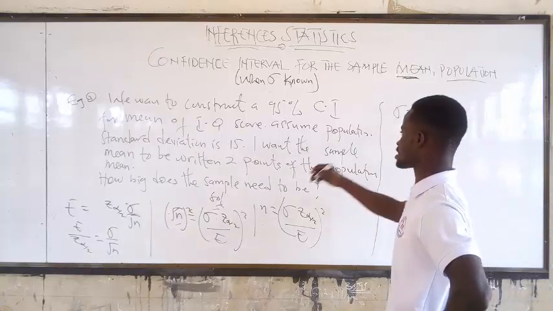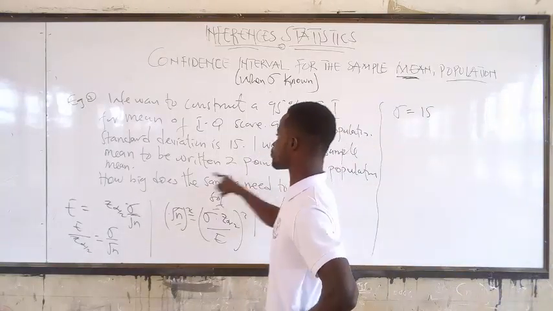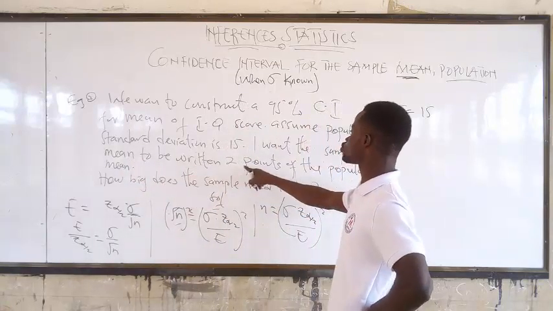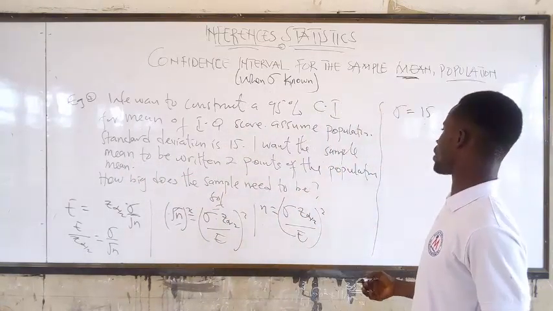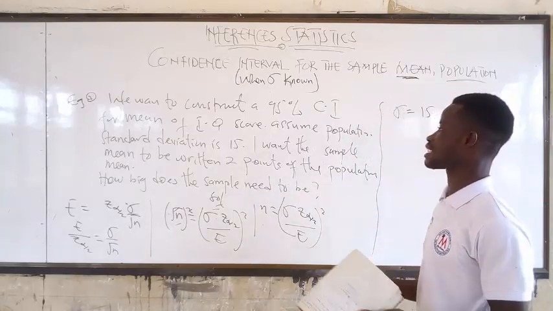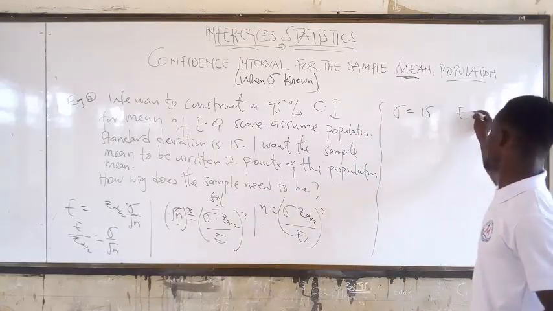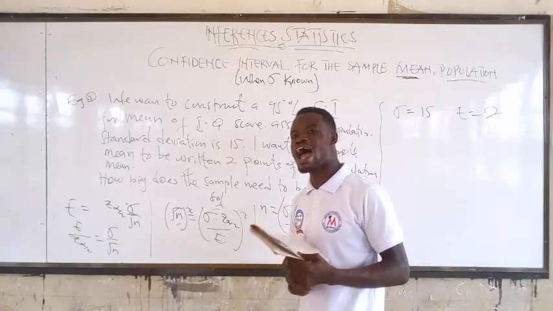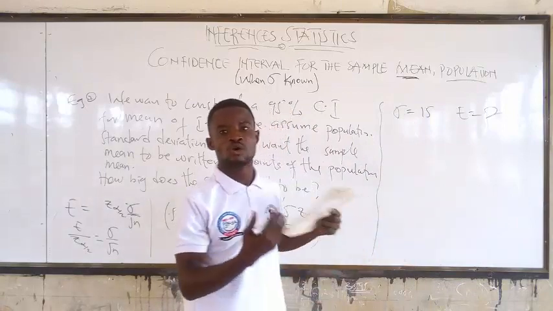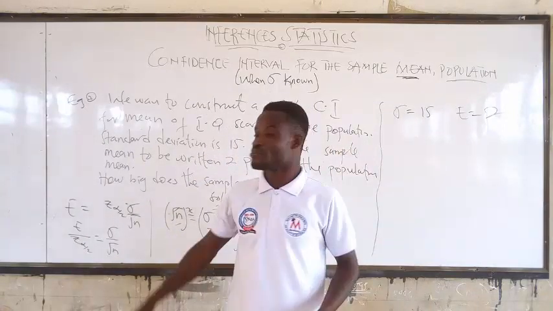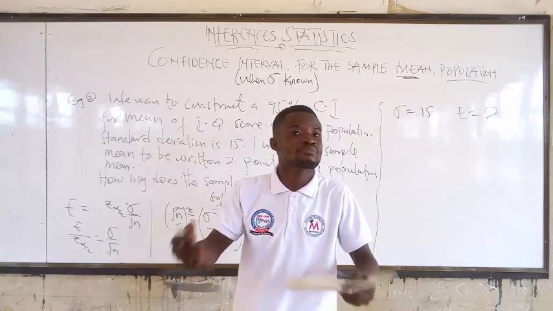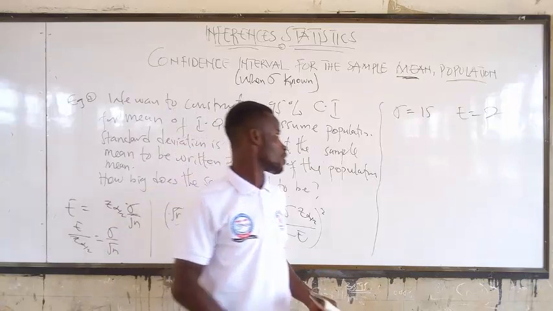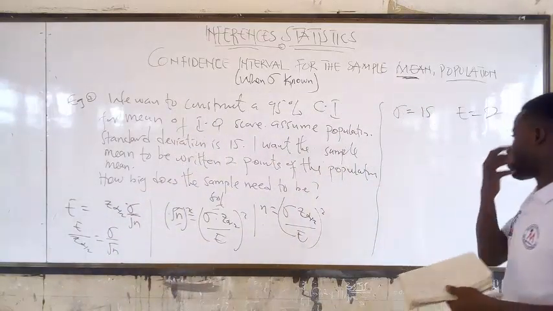I want the sample mean to be within 2 points of the population mean. So your error here is going to be 2. Please remember, the error for proportion will be given to you in percent, but for the mean, it will not come in percent. So you don't change to any decimal. Remember. Alright. What do you need again?